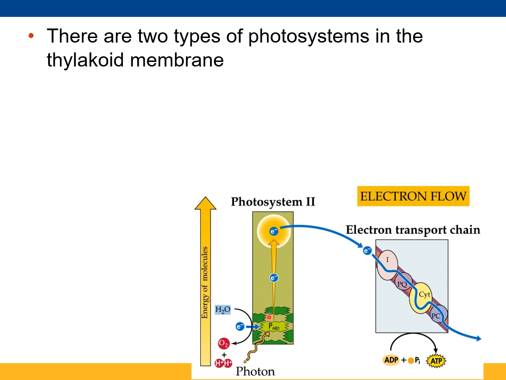Once we hand this off, this P680 plus is a very, very strong oxidizer and will rip those electrons right off of a water. That causes oxygen to want to react with itself, creating diatomic oxygen. And we're going to have a few pairs of protons, which we're going to use to pump or create a proton motive force.